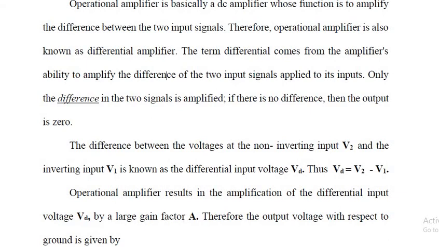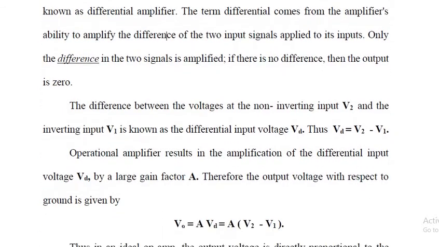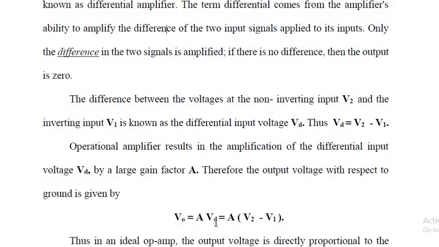Therefore, the output voltage with respect to ground is given by VO is equal to A into VD, that is equal to A into (V2 minus V1). Here VD is equal to V2 minus V1.